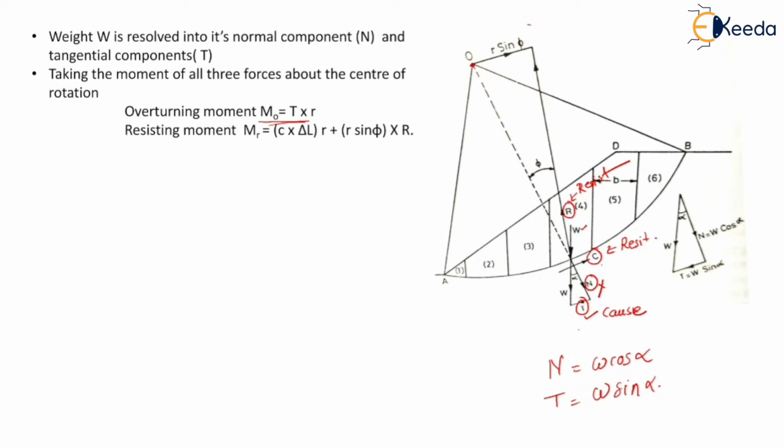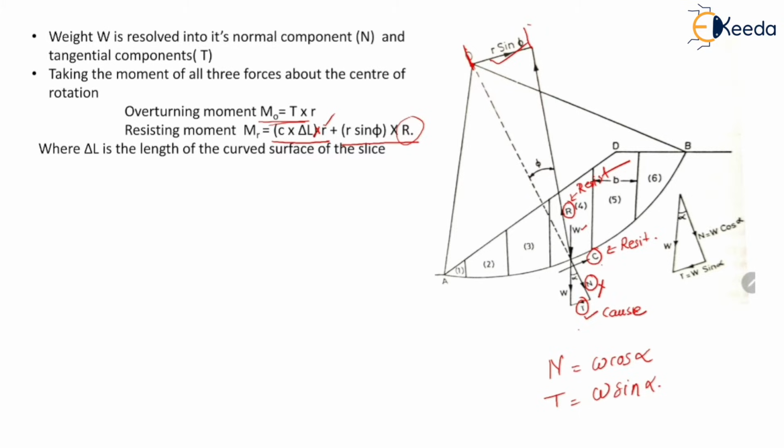And the resisting moment Mr is equal to the moment due to cohesive force plus the moment due to reaction R. The moment due to cohesive force is equal to the total cohesive force, which is C into delta L, where delta L is the length of the curved surface, into distance R, where R is the radius of the slip surface, plus the moment due to reaction R, which is reaction R into the radial distance between reaction R and O, which is R sin phi dash.